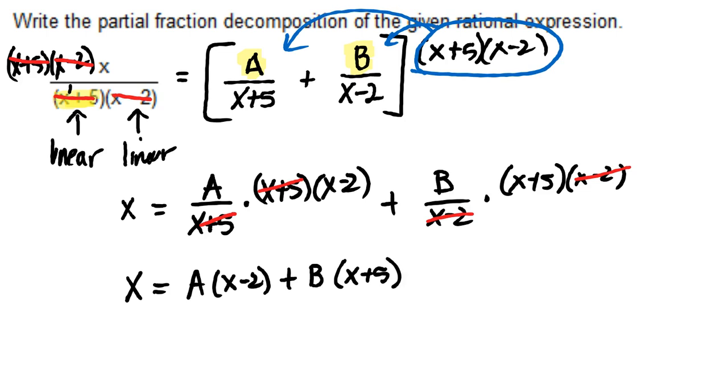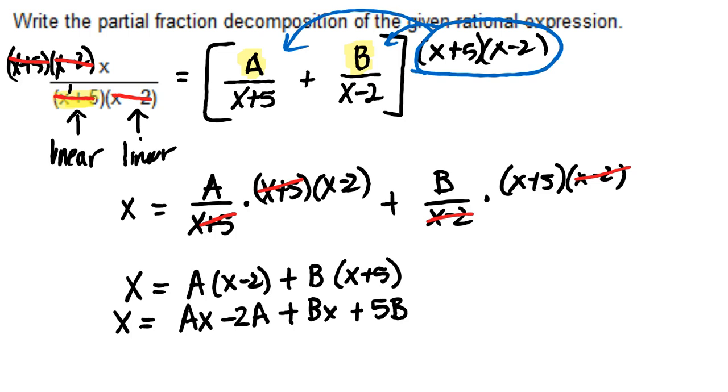Now we want to solve for A and B using something called equating the coefficients. To do that, I want to simplify the right-hand side to have like terms together. Let's distribute: that gives me Ax minus 2A plus Bx plus 5B.